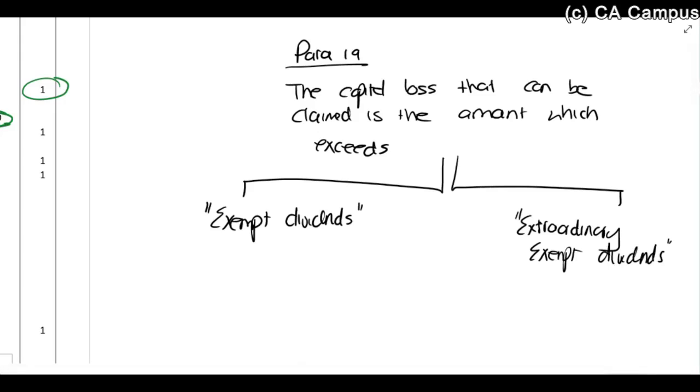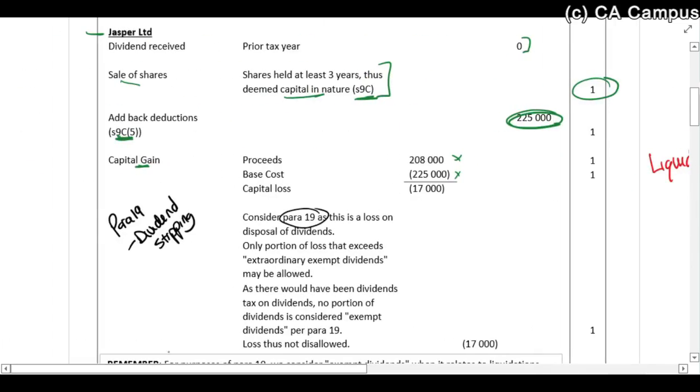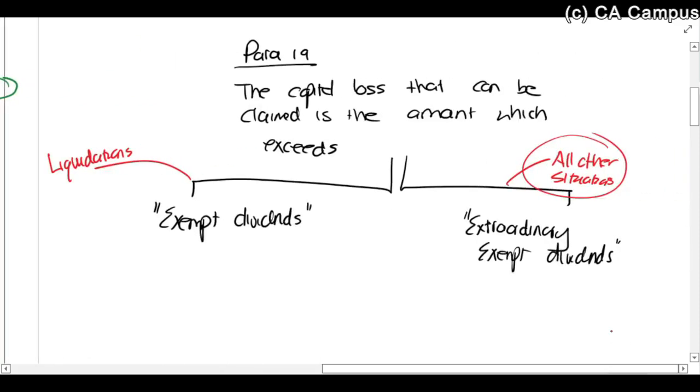So okay, let's make the next comment first. This is for liquidations this side, and this is all other situations, which is what we're looking at now, because in this case we're just selling the shares. We didn't receive the money for liquidation.